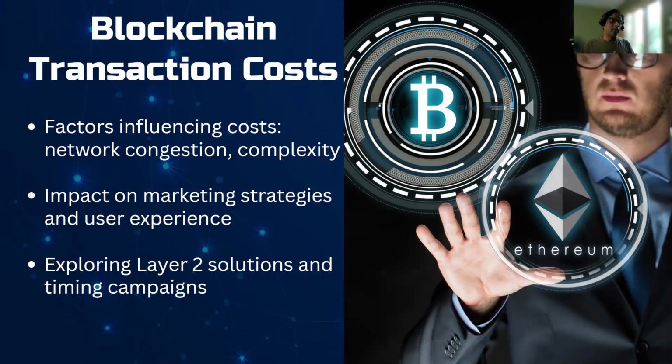On top of it, there are layer 2 blockchains. In layer 2, the transaction cost is much lower than in layer 1. So you can target customers on those layer 2 solutions with your marketing campaigns to attract more users coming to your website, or whatever marketing campaign you want to create.